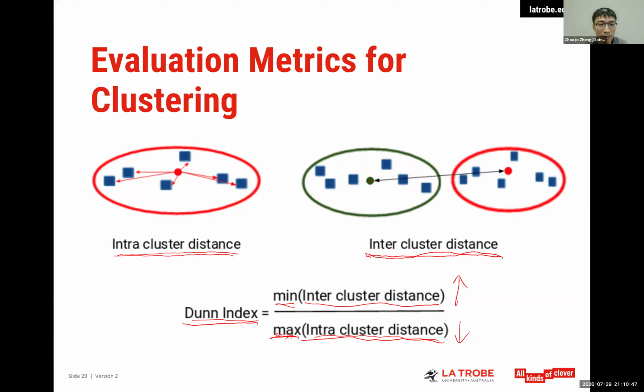We calculate this for all the clusters, and we just use the maximum point-to-centroid distance as the denominator, and then calculate the Dunn index. And this index will be used to represent the clustering result.